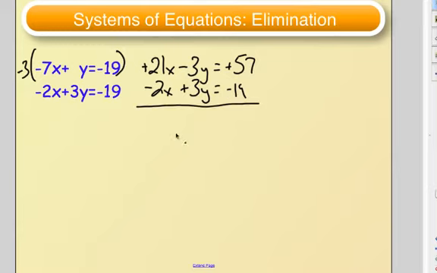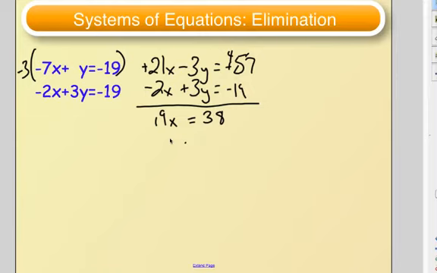Do my same addition piece that I've always been doing. 21x minus 2x, that's 19x. And then the y terms are going to cancel out, so I don't have to worry about that. And that equals 57 minus 19, which gives me 38.